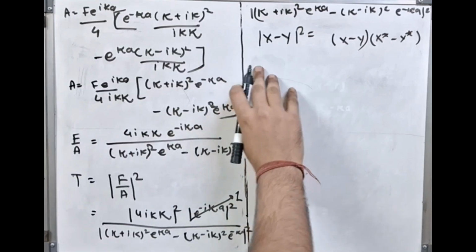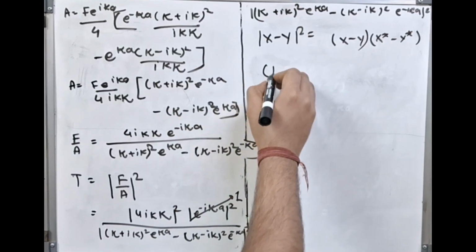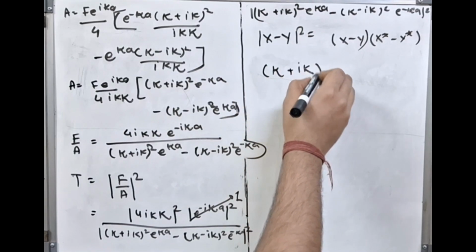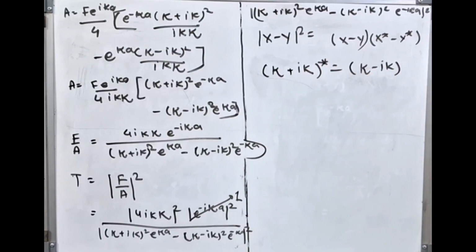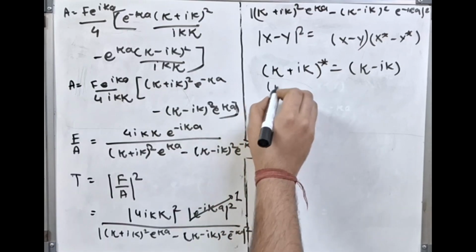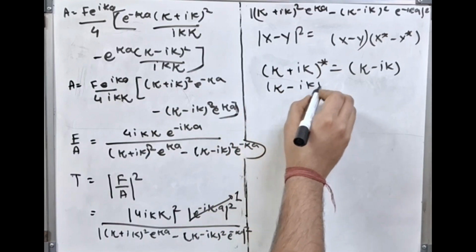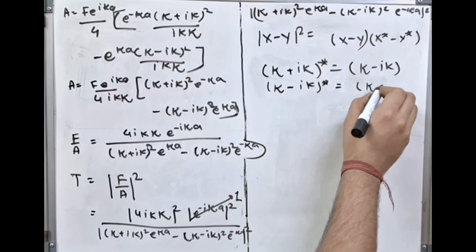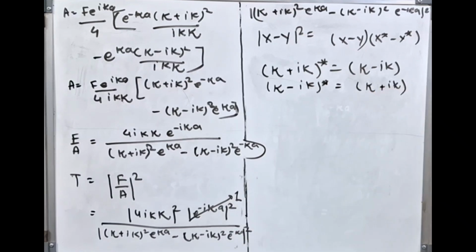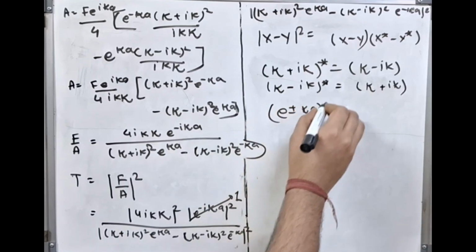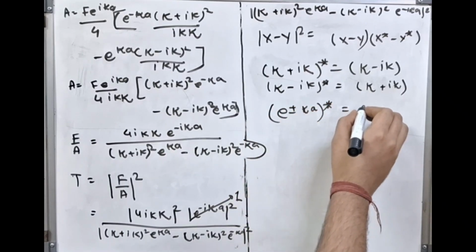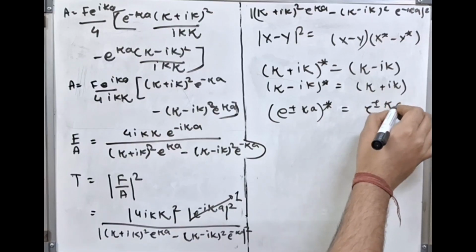So we solve accordingly that if we take a complement here for kappa plus i k, it becomes kappa minus i k, and for kappa minus i k, its complement is kappa plus i k. If we expand this, e raised to plus minus kappa a's complement is e raised to plus minus kappa a simply.